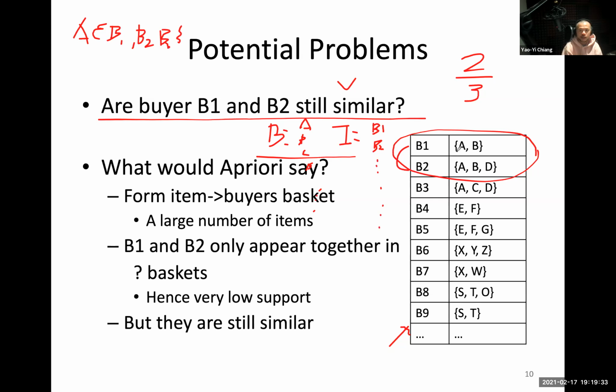Right, because A is in B1, B2, and B3. How about your basket B? Contains B1 and B2. That's it. So would your a priori identify B1, B2 as a frequent pair?